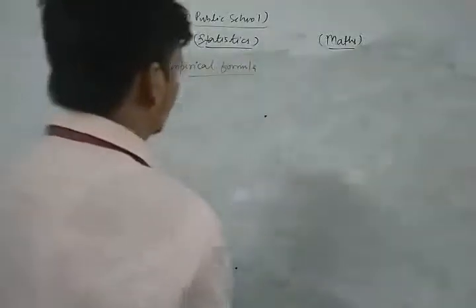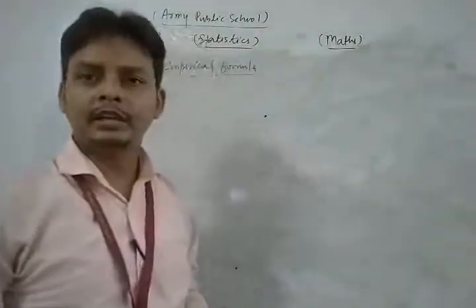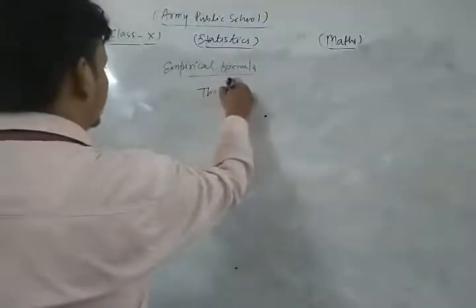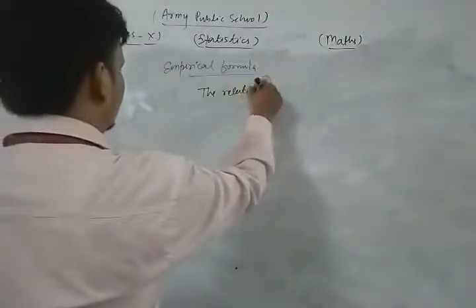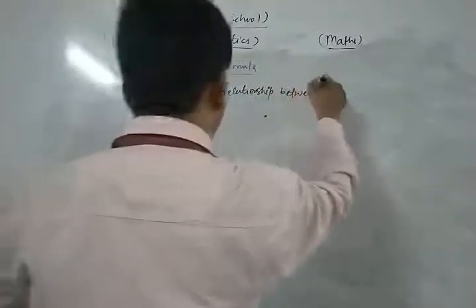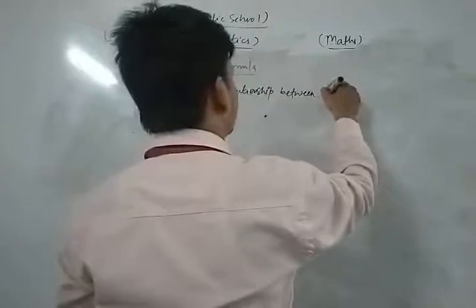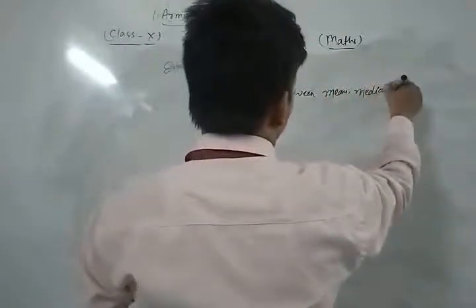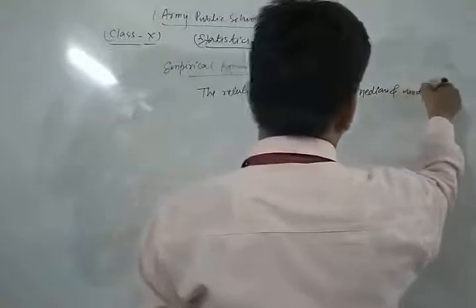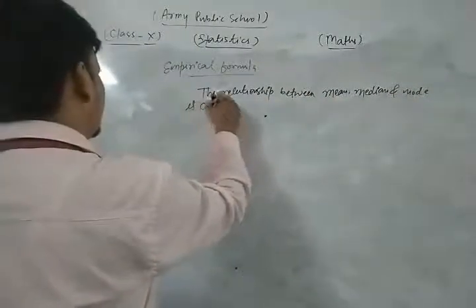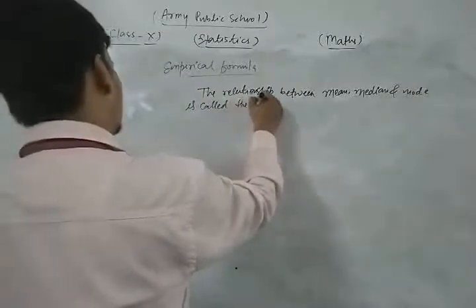The relationship between mean, median and mode is called the empirical formula.